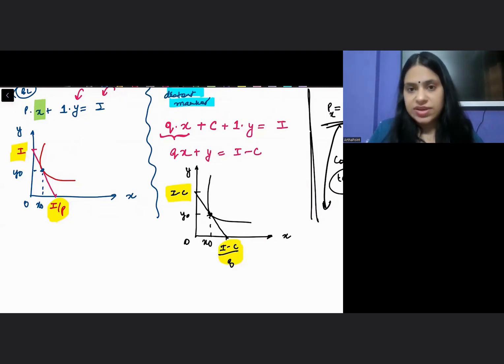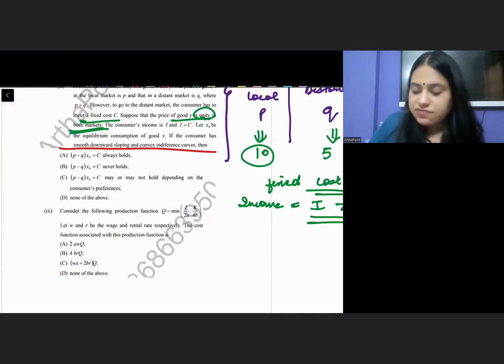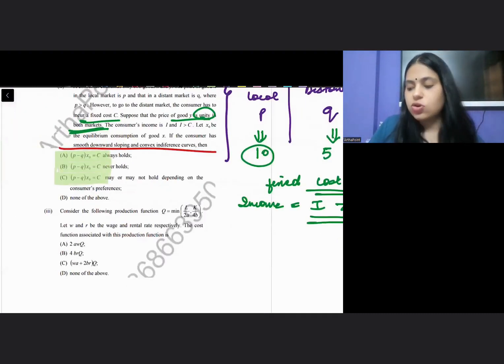Now, the question says that you need to focus on this condition, whether this condition holds or it does not hold.